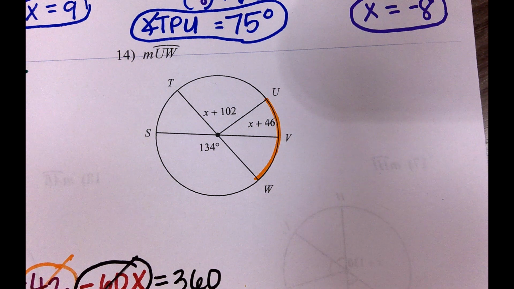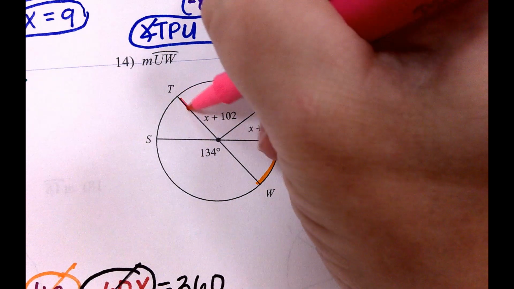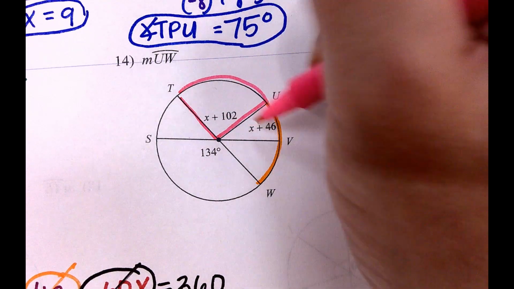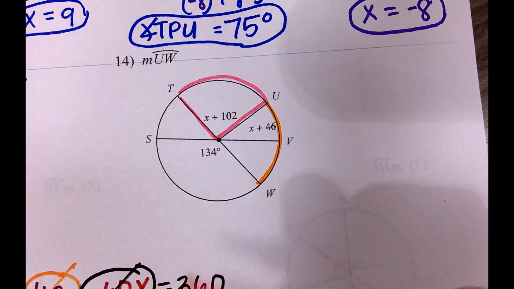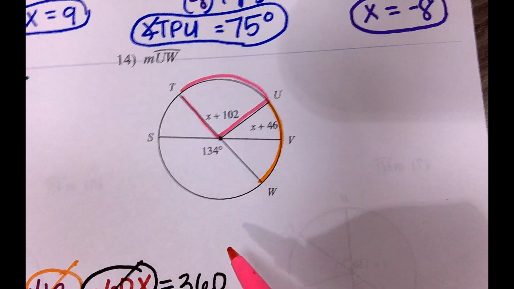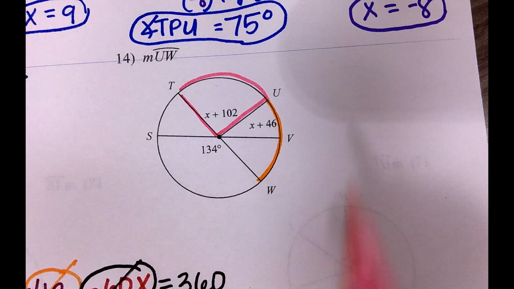See, we've got some different colors here. I know that this TU is x plus 102. I know UV is x plus 46. I know SW is 134.